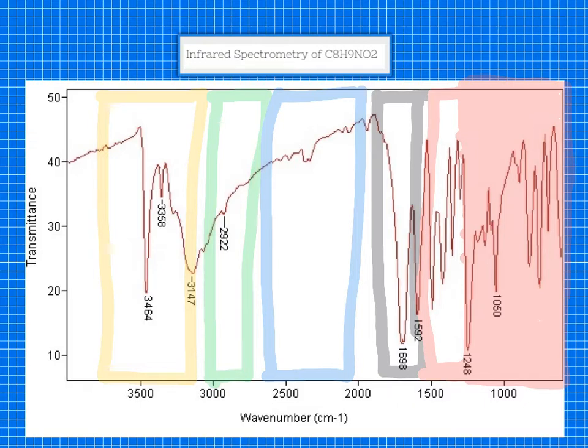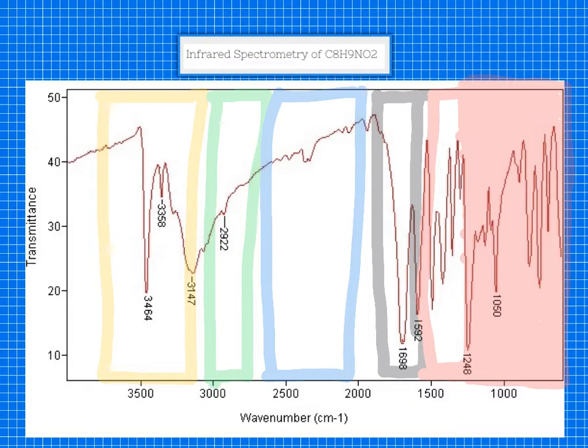If we move on to our second region, we are looking for an indicator of whether we have sp2 or sp3 bonds between our carbons. Because this peak actually falls above 3000 right here, and we also see these jagged lines throughout here, that means we have sp2 C bonds.